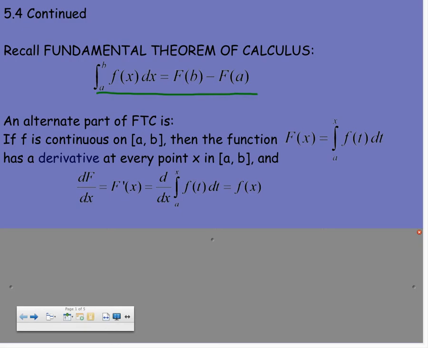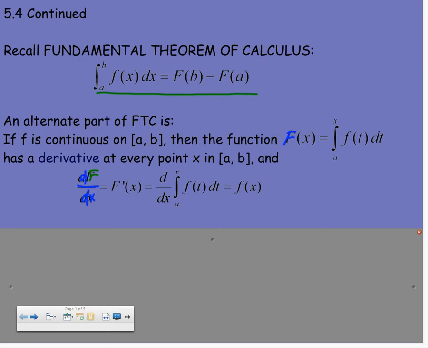As long as f is continuous on this closed interval, then capital F of x, which is the antiderivative, has a derivative. So I just said capital F has a derivative at every point. And see how that's the derivative of capital F. So taking the derivative of the antiderivative ends up just being lowercase f.